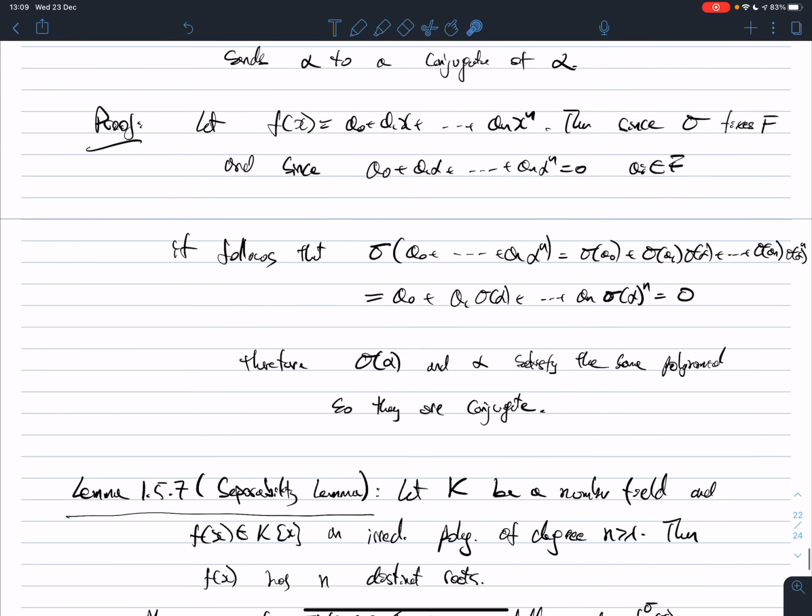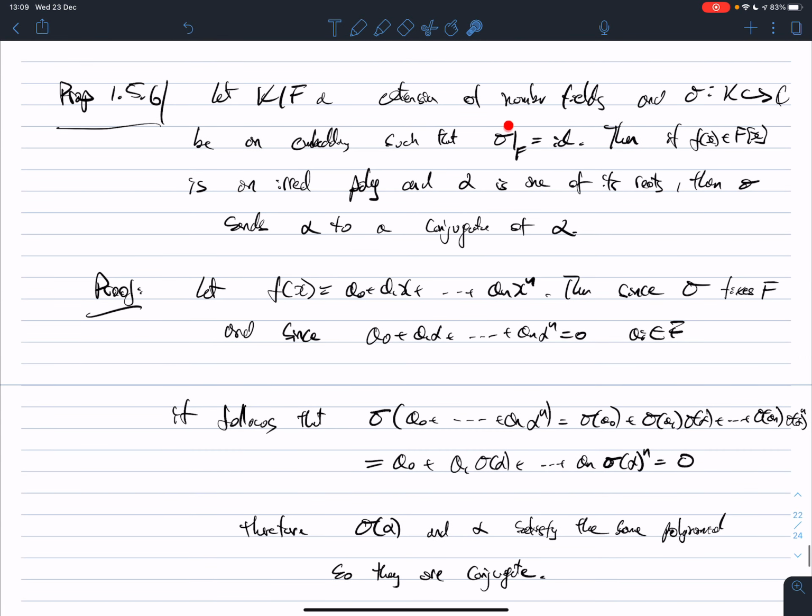In the previous example, we were assuming that sigma restricted to F was the identity, which is why the coefficients stayed the same.